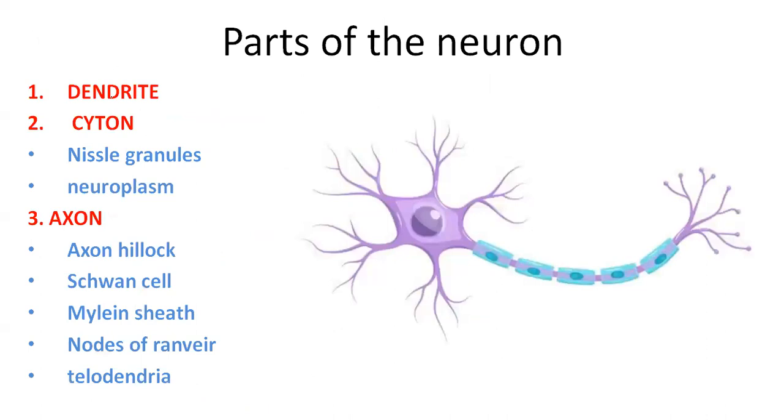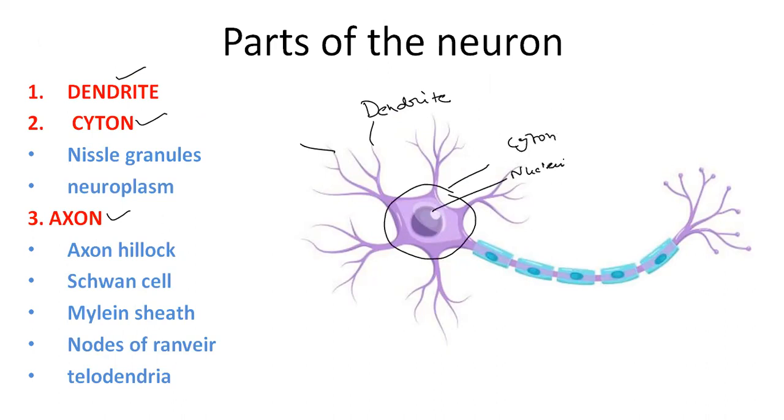Parts of the neuron: the neuron is made up of three parts, dendron, cyton, and axon. Dendrons are these branch structures which receive signals and carry them to the cyton, and this is the cyton. The cyton has a nucleus, neuroplasm, the cytoplasm of the neuron, and also Nissl granules, which are modified ER.